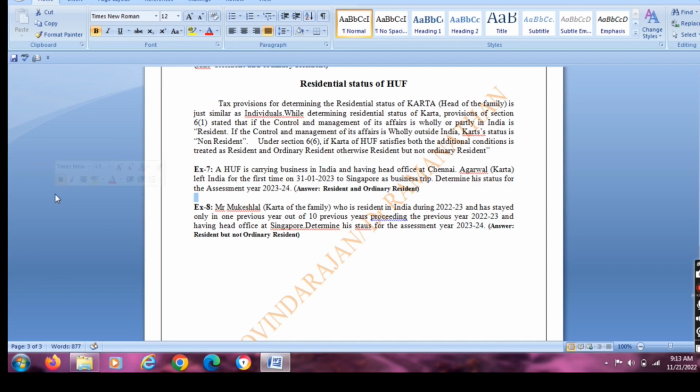Actually, he has satisfied the basic condition, but in the problem itself it was clearly stated that he has not satisfied one of the additional conditions. So his status is determined as resident but not ordinary resident.